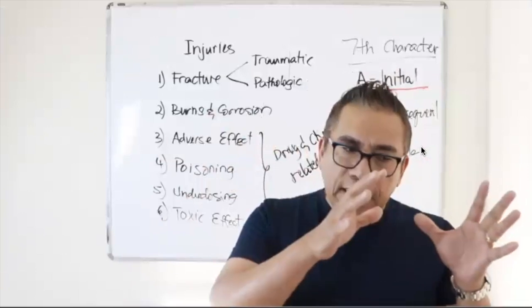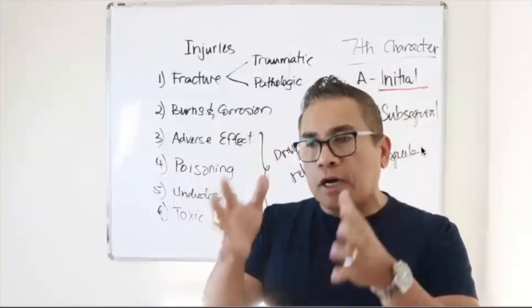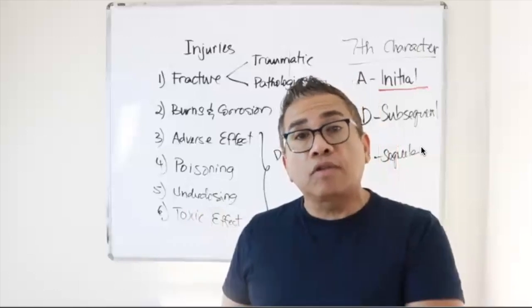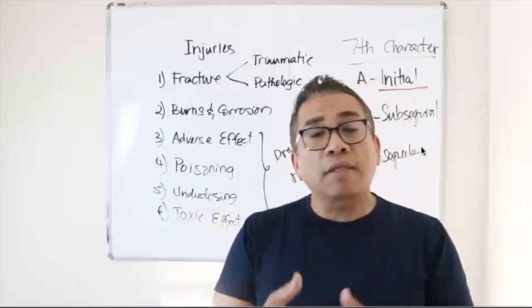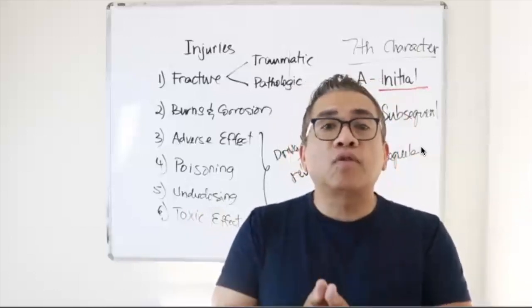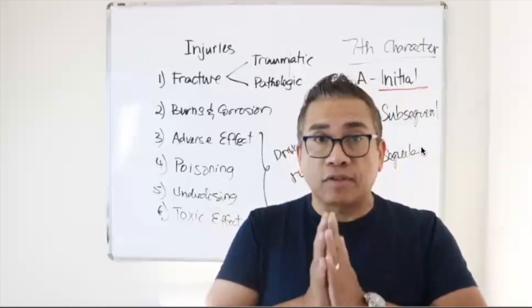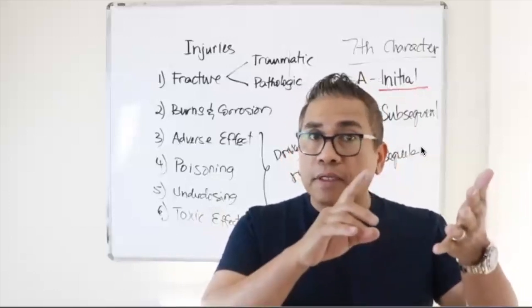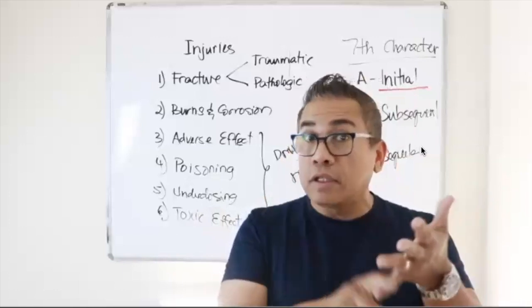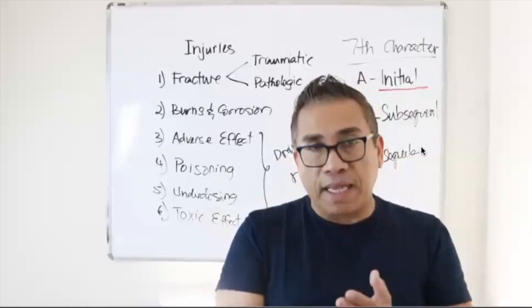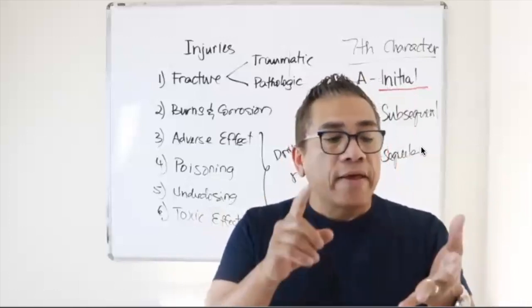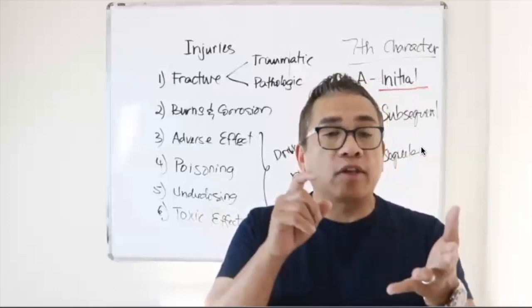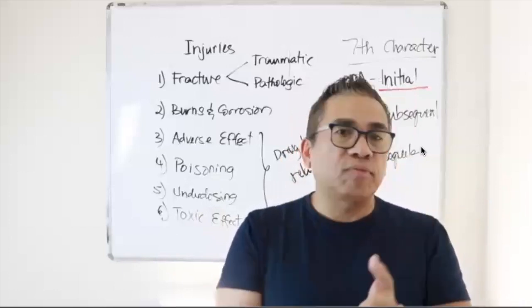Now, in the absence of the doctor's specificity, whether this is open or closed, displaced or non-displaced, you are to code them as what the guidelines are giving us instruction for. So the default again is closed and displaced. Let me repeat that. The default to the type of fracture is always closed and displaced.